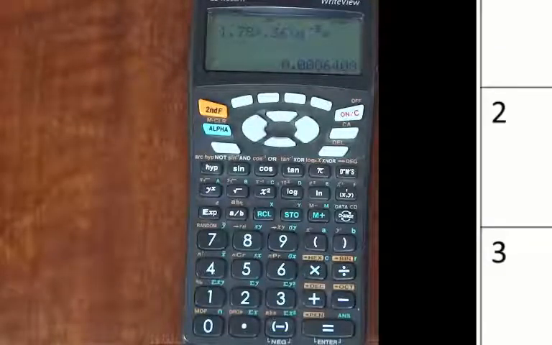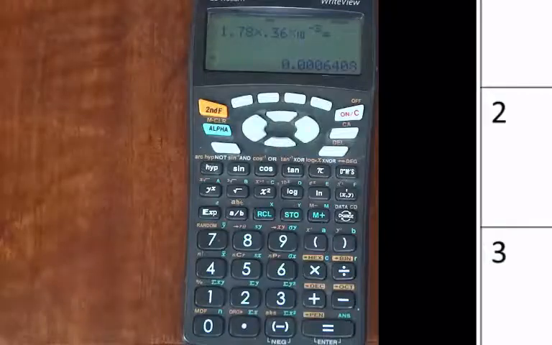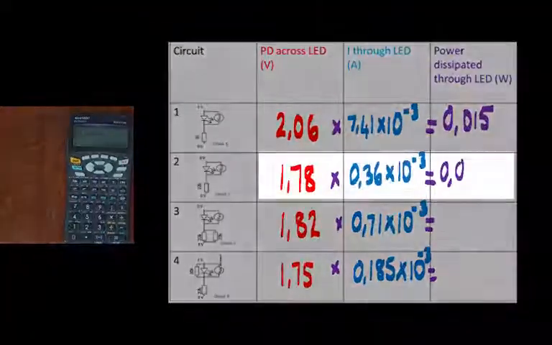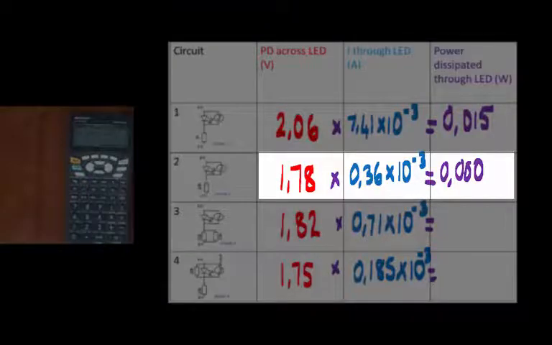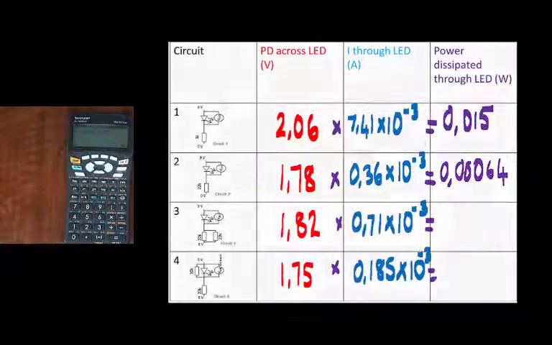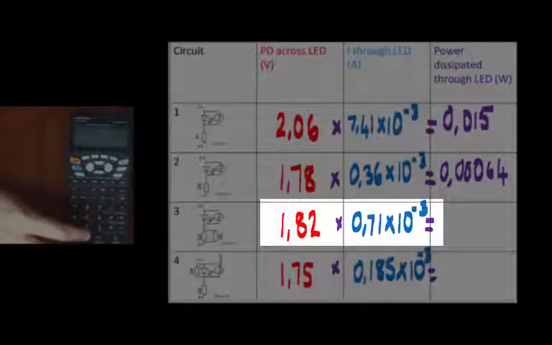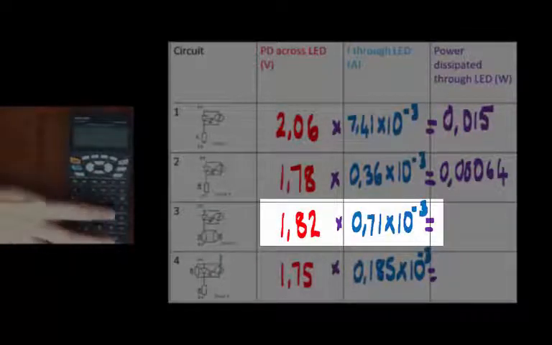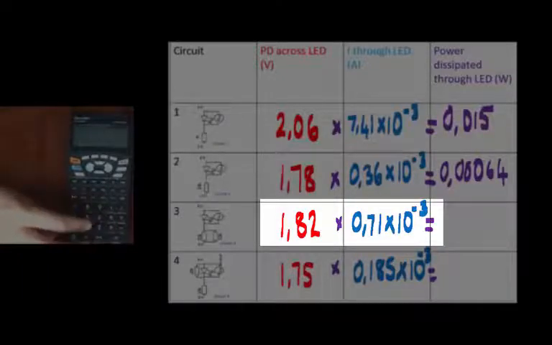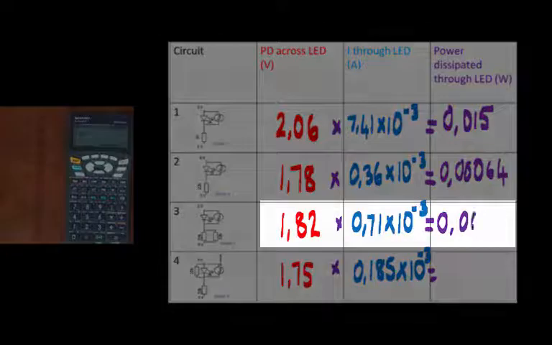Again, normally one would write this in scientific notation as 6,4 times 10 to the power minus 4. But for easier comparison, I want to write it just in normal notation over here, 0,00064. Clear the calculator. 1.82 multiplied by 0.71 times 10 to the power negative 3 equals 0,0013 watts.